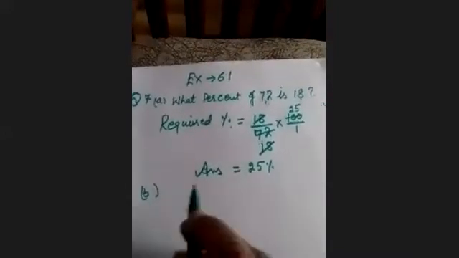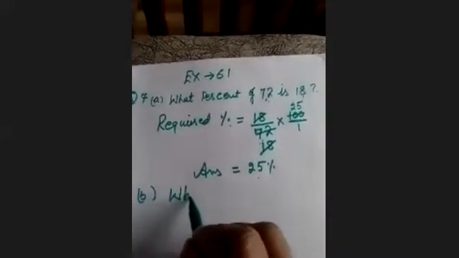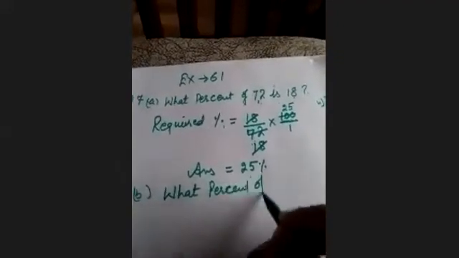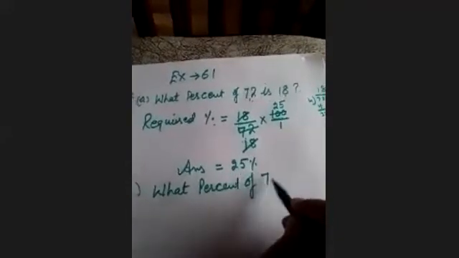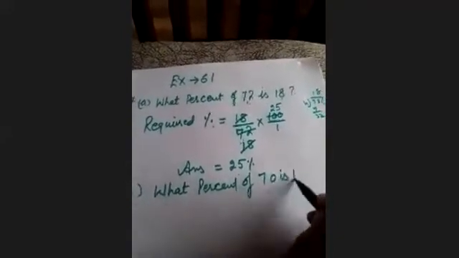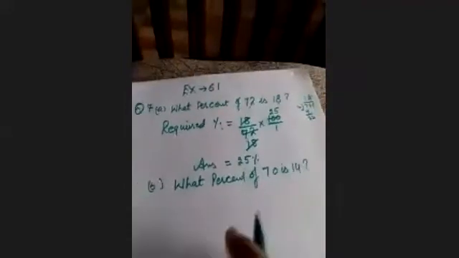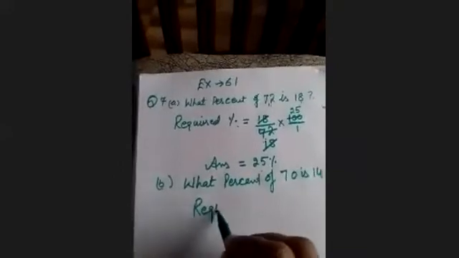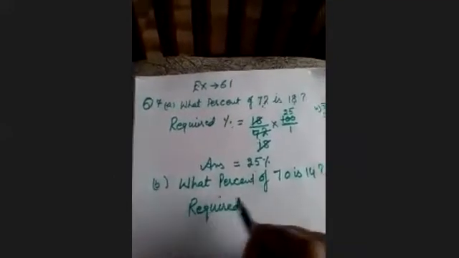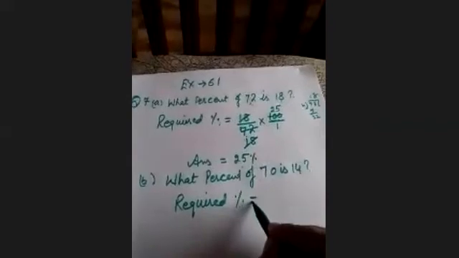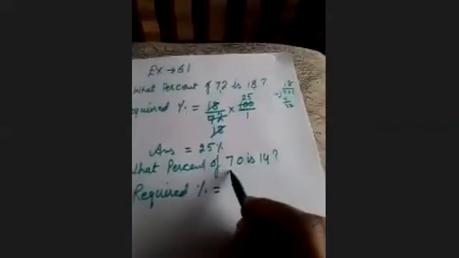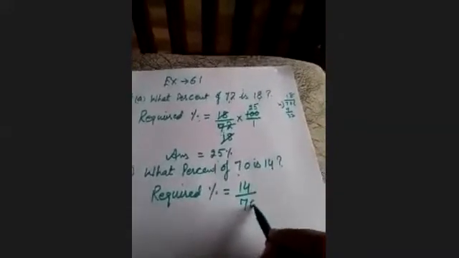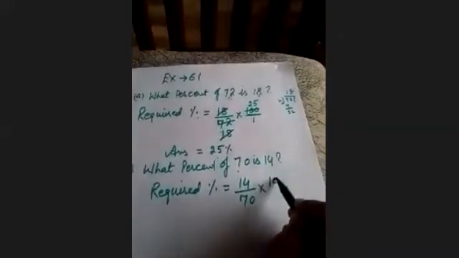What percent of 70 is 14? Now, same method, required percentage is 14 upon 70. 14 upon 70 multiplied by 100.